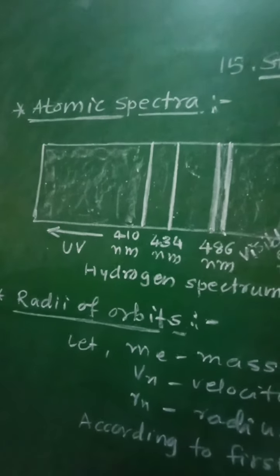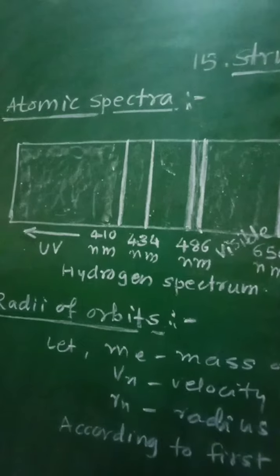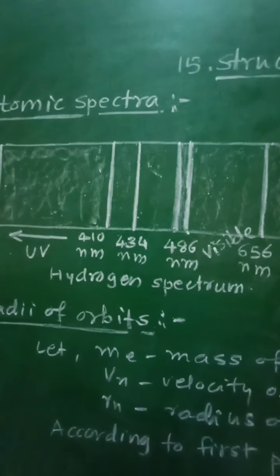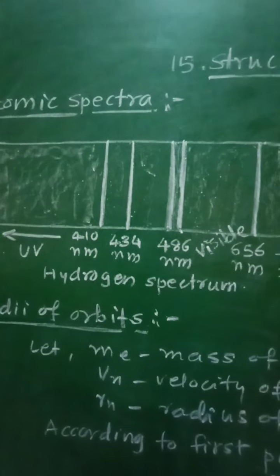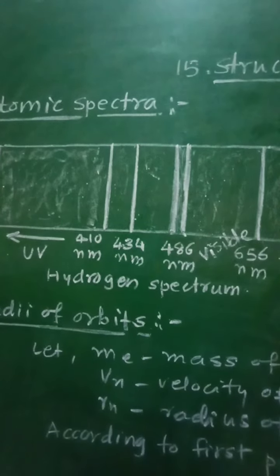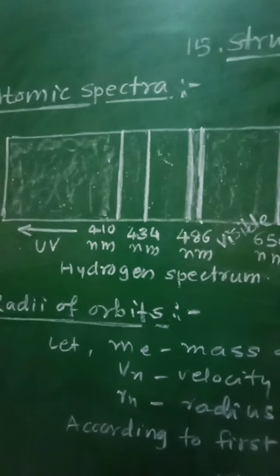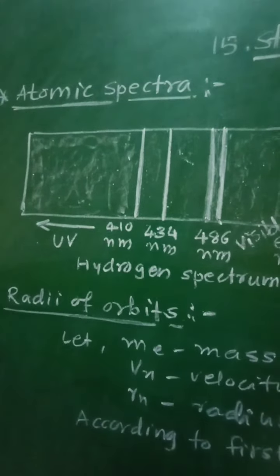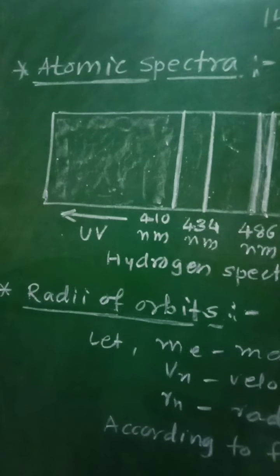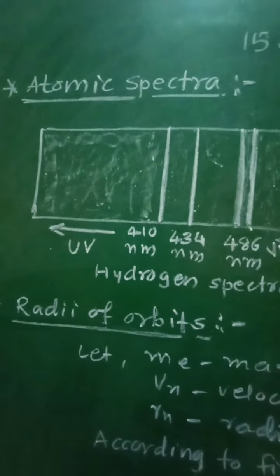So in case of the hydrogen atom, if the radiation emitted when it is heated to high temperature is passed through the prism, then instead of a continuous spectrum, it will give rise to a line spectrum.